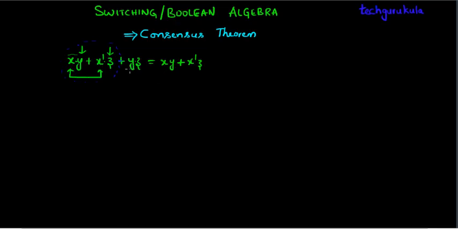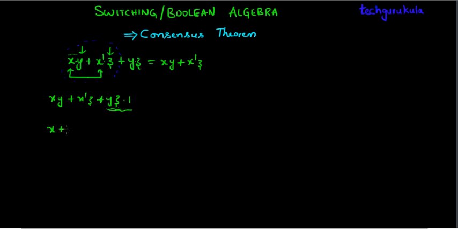Let us see the proof of it. To prove this, take the left hand side: xy plus x bar z plus yz. Now to reduce this equation, if you see the last term, it doesn't have the x term or x bar term which is present in the others. So we multiply this term with 1.